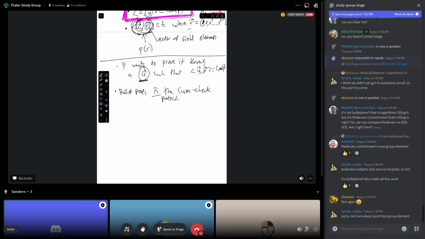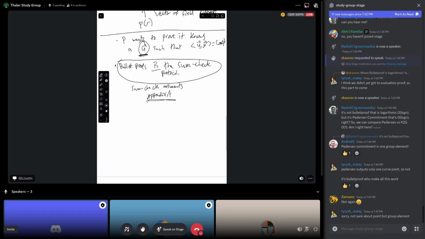If you want to look offline, there's a paper called Sum Check Arguments and Their Applications, and if you look at Appendix A of that paper, they make this statement precise. In fact, I think you can go further than what this appendix is saying.